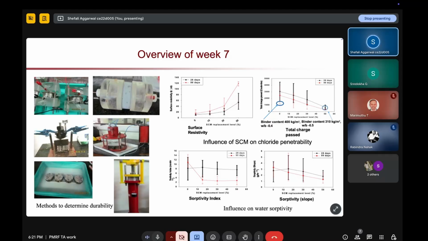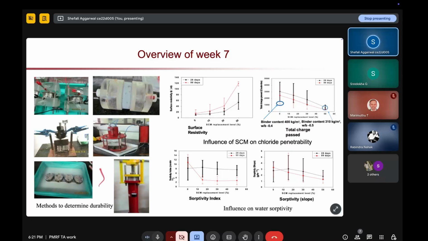Then there are other water based permeability tests. So this is chloride permeability, this is water permeability, and then sorptivity, which means how much moisture is getting absorbed from the bottom of our sample. Then OPI, the oxygen permeability index, tells us about the permeability or pore structure of your material.